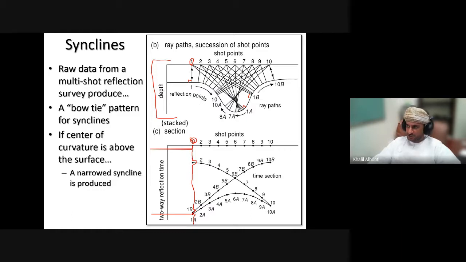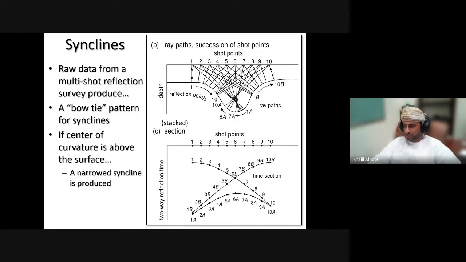It's coming from this energy going down and returning back. It's 1. The second one is 1B. That's a shorter distance than 1A. So I get 3 different reflections. And at number 2, the same applies. Number 3, again, the same, and so on.